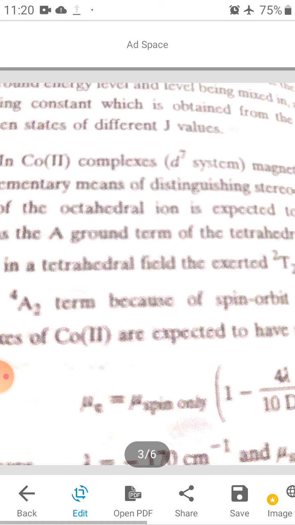We have mu e is equal to mu spin and lambda is equal to 170 centimeter inverse.